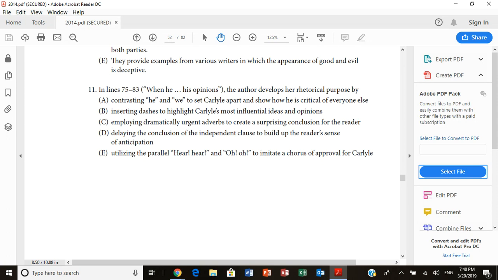Okay, finally, do we use parallel structure, the here, here, and the oh, to imitate a chorus of approval for Carlyle? Okay. We are obliged to say here, here to the writer before we can give the decorous oh to his opinions. All right. Well, hold on here. Decorous means beautiful and befitting.